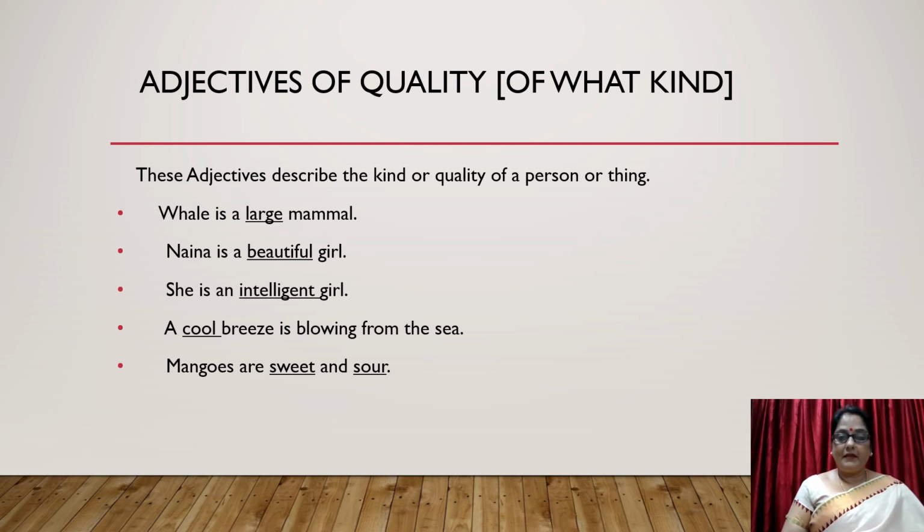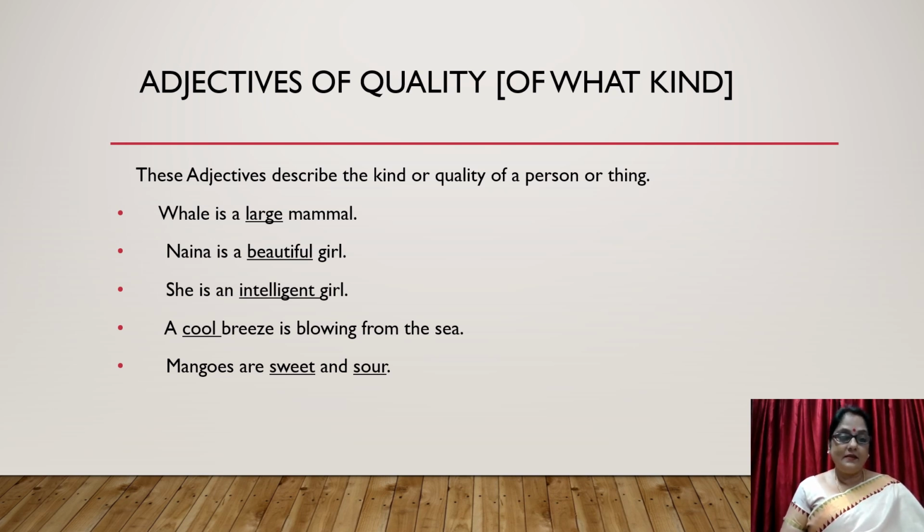Adjectives of quality. The adjectives of quality describe the kind or quality of a person or thing. We have to ask the question, what kind, and the answer to this is an adjective of quality.